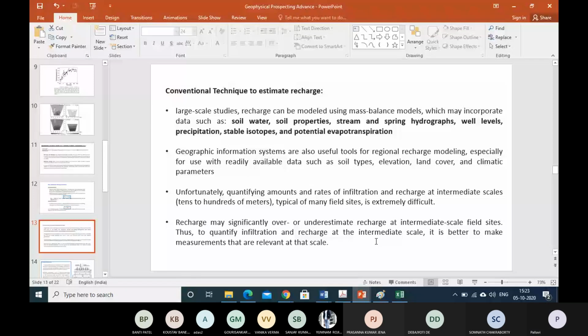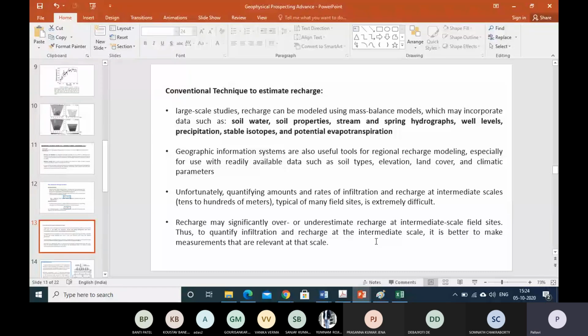For another thing, if you are using electrical resistivity tomography, not sounding and profiling, then you are covering a large area. For example, if you are using 42 electrodes, maximum you can go 5 meters spacing. Even if we go for 2 meters spacing, we are covering a very large area.